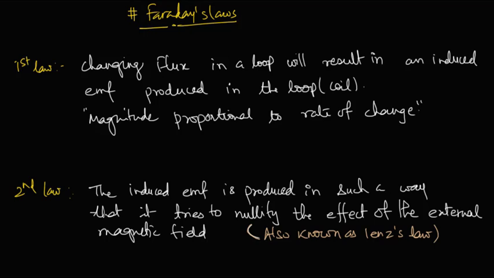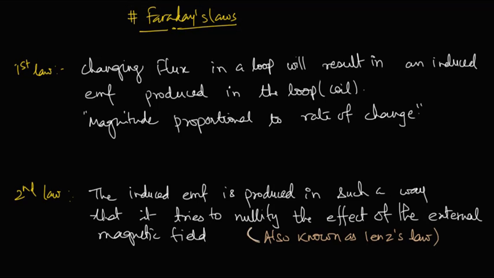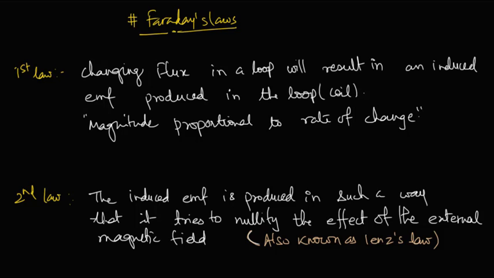We will talk about these concepts in a more comprehensive manner in the forthcoming videos. So first let's try to understand what Faraday's law tries to say in a mathematical form.